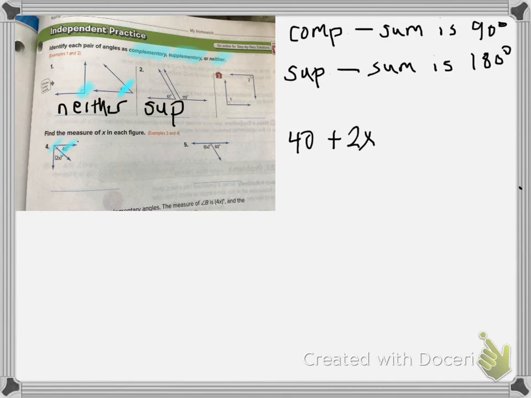So we know that 40 plus 2x, we have 40 degrees and then 2x degrees. We know that together they have to equal 90 because this is a right angle. So I can easily turn this into an algebra problem.